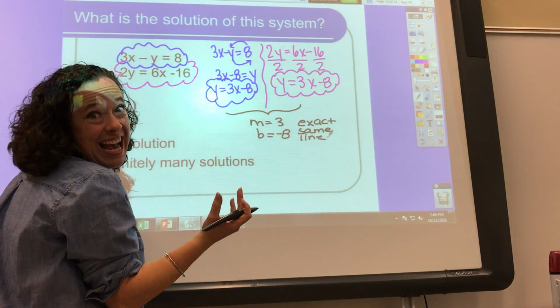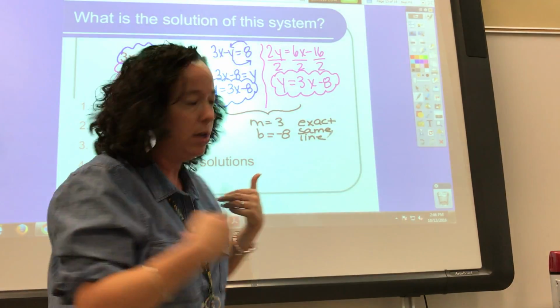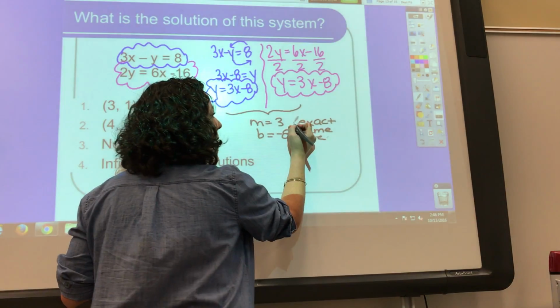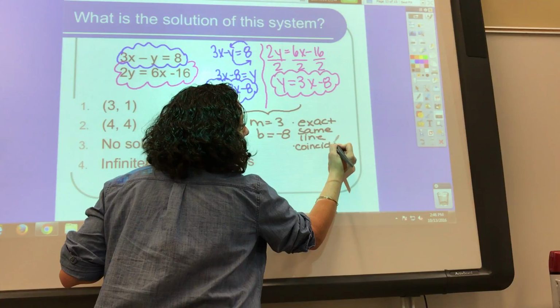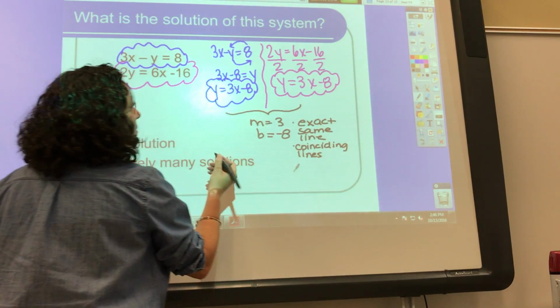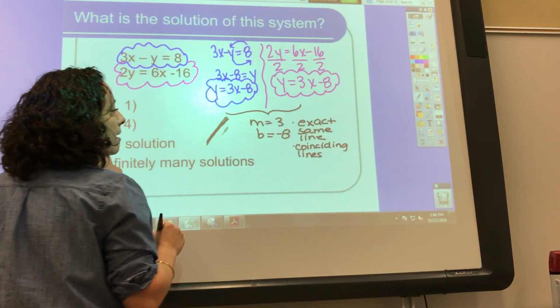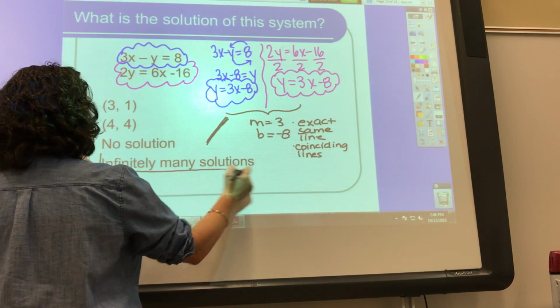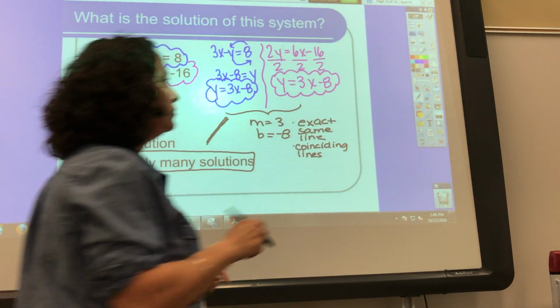It was in disguise, like you can't see me. But they are the same, okay? They're the exact same line. That's called coinciding lines. So if they're the exact same line, they intersect all the time. So it has infinitely many solutions. The answer is choice number 4.